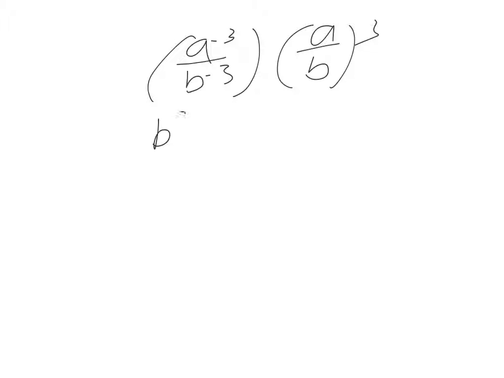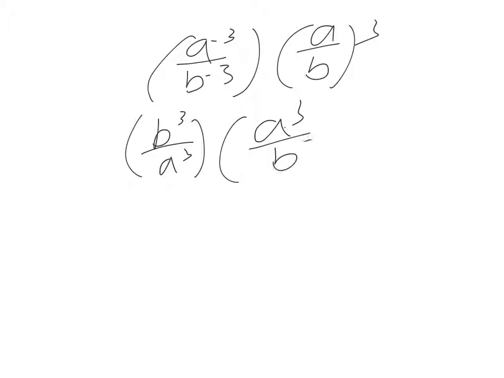So b cubed over a cubed times, and since the exponent is outside of the parentheses, it applies to everything inside the parentheses, so it will be a cubed over b cubed.